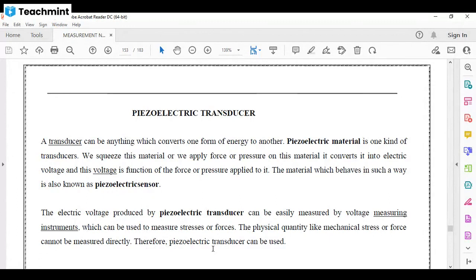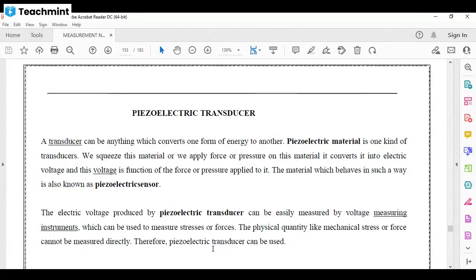So therefore the piezoelectric transducer can be used for measuring this type of physical quantity, stress or force.